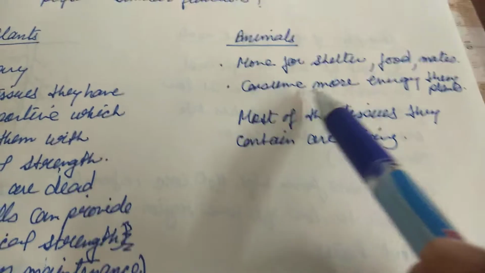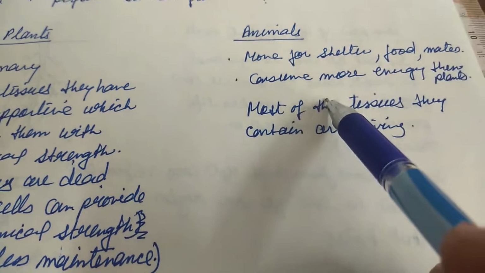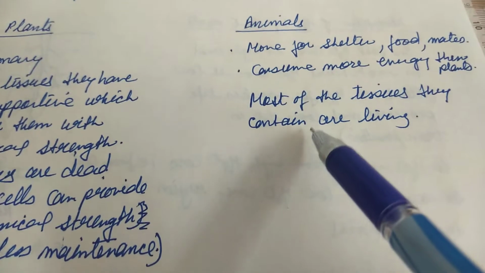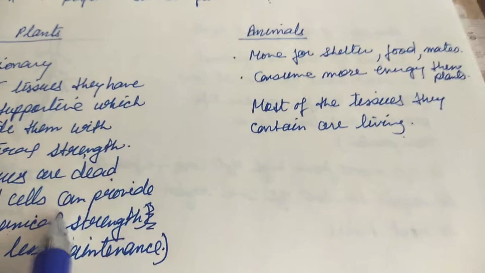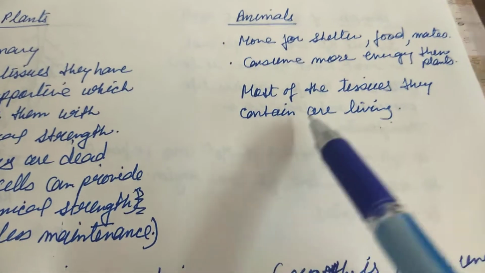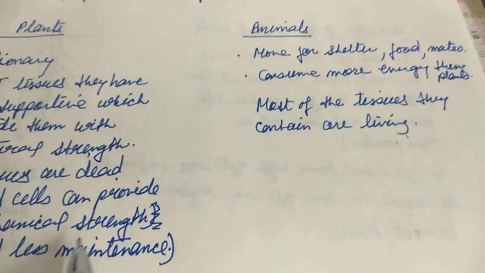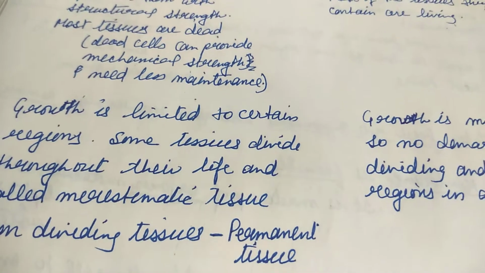Animals move from one place to another, right? And for that they consume more energy than plants. So the tissues present are mostly living tissues. In plants they are mostly dead tissues, and in animals these tissues are living because of the difference in their functions, right?